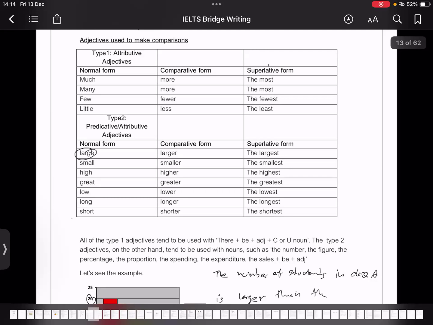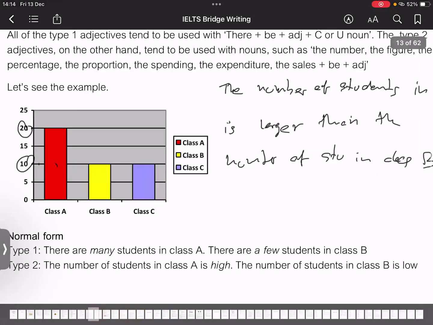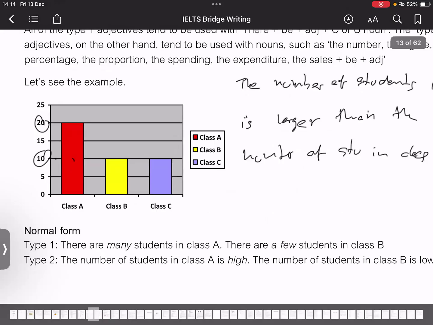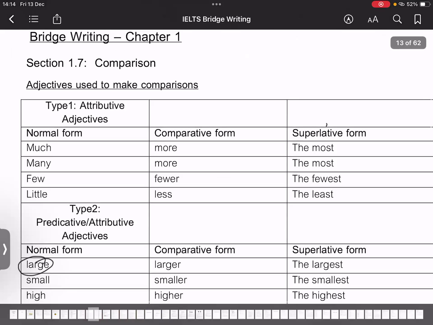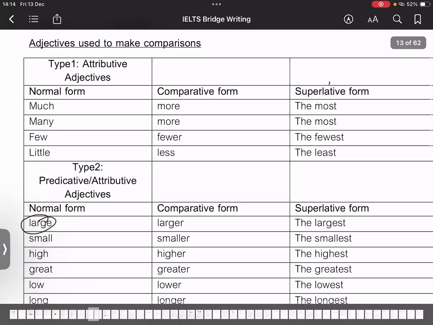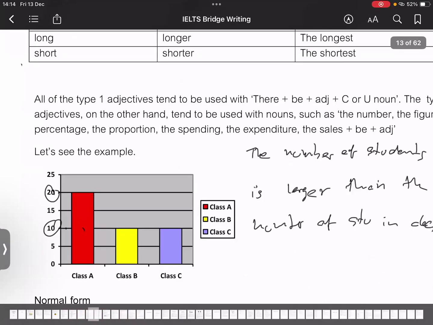For example, in this chart you want to compare class A students and class B students. You see that the bar that represents class A is much taller than class B. What does that mean? That means there are more students in class A than class B. I have just shown you how to use a type 1 adjective. I put more before students because students is a noun. There are more students in class A than class B. What if I want to use a type 2 adjective?